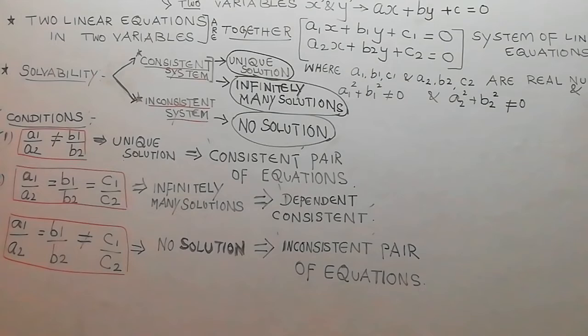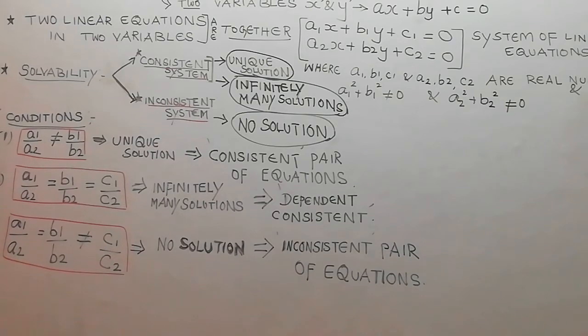That is the first condition. So, if A1 by A2 is not equal to B1 by B2, then the set of equations will have unique solution, and that system of equations is called a consistent pair of equations.